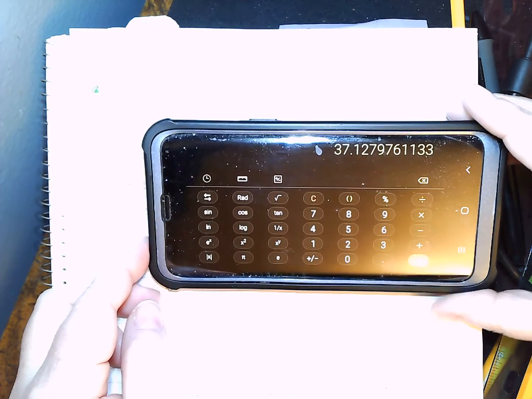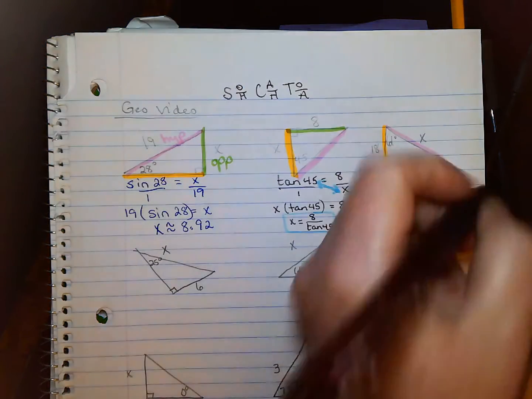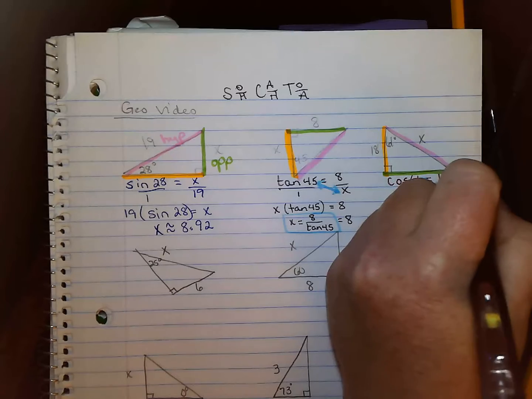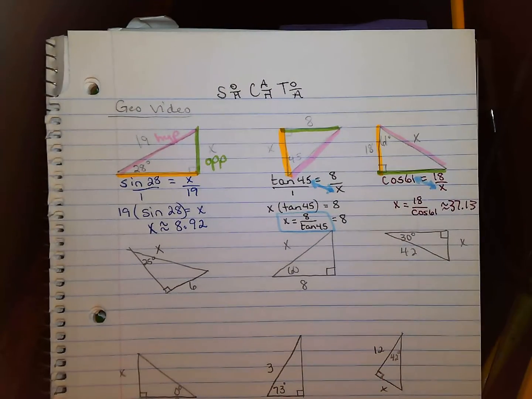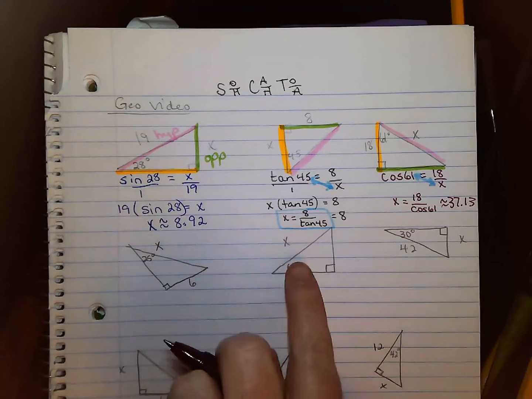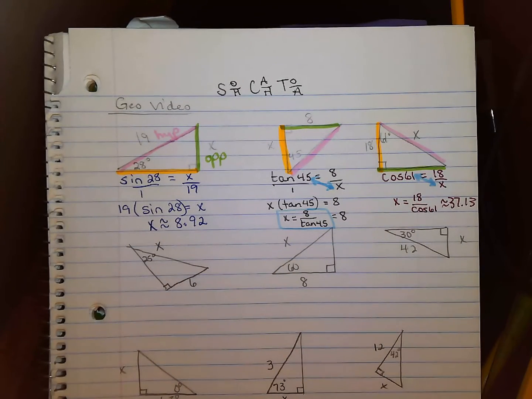So I'm going to round up to 37.13. Approximately 37.13. Okay. So I'm going to leave this row for you, but let's go through and just label our sides.